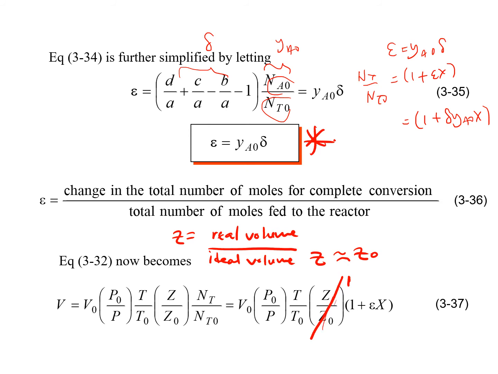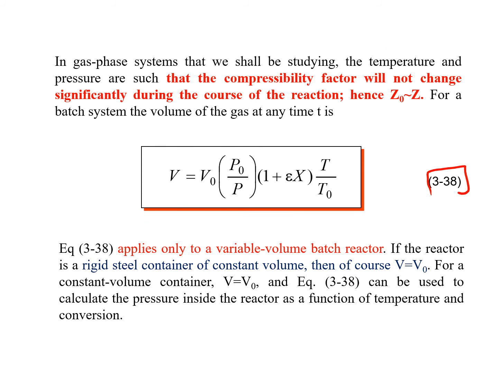The remaining is V0, P0 over P, T over T0, and then 1 plus epsilon x. Remember, NT over NT0 is equal to 1 plus epsilon x. We move on to the next slide.